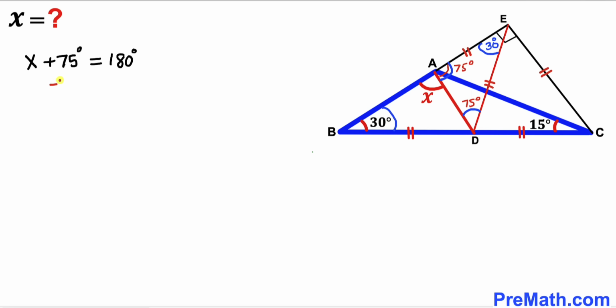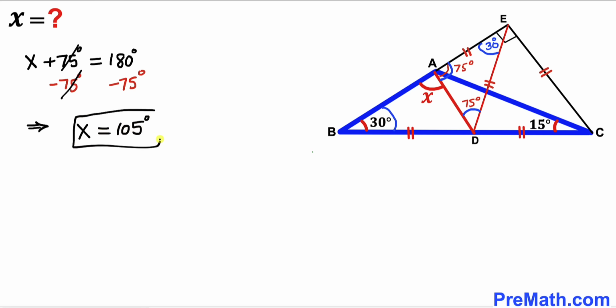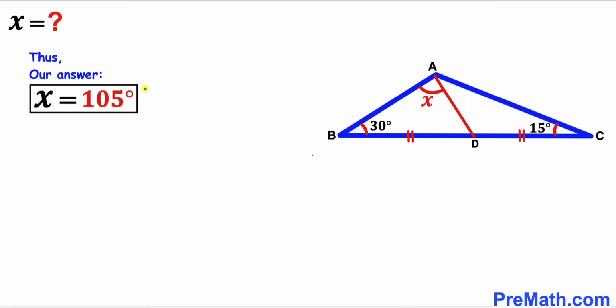Now we subtract 75 degrees from both sides to isolate x. Here we can see 75 and negative 75 cancel each other out. So our angle x turns out to be 105 degrees. Thus, after all the calculations and manipulations, angle x equals 105 degrees. And that's our final answer.